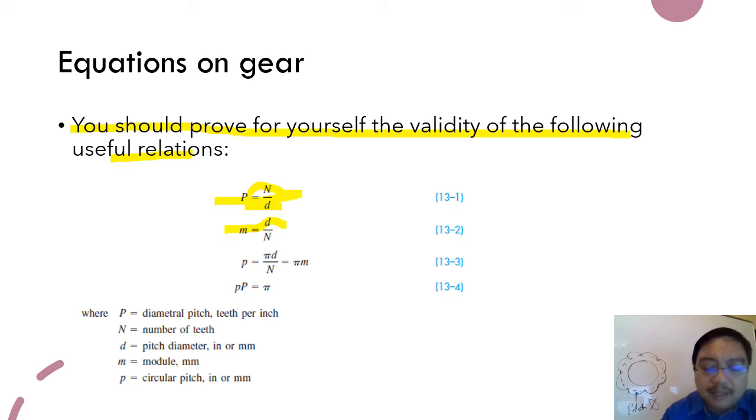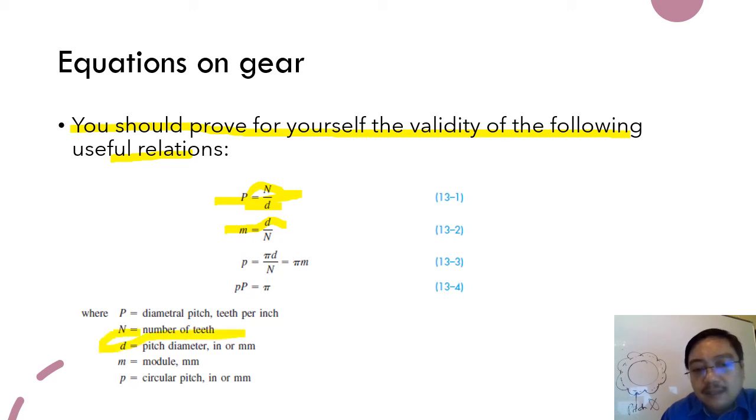Like I always say, when you are learning about an equation, always say it as a full name. Like here, you don't say P equals N over D. You must say pitch diameter P equals N, number of teeth, over D. Because the terms are different. In this topic about gear, N is the number of teeth.